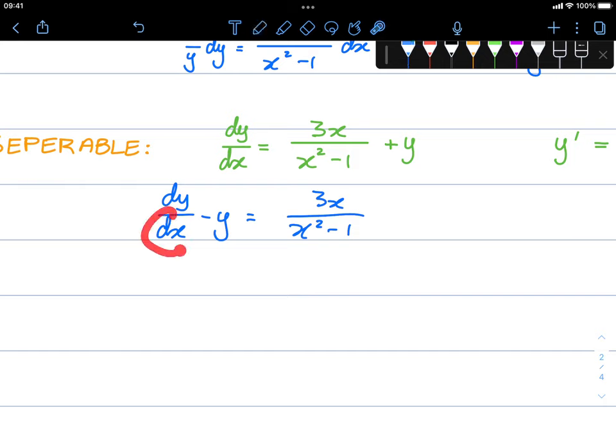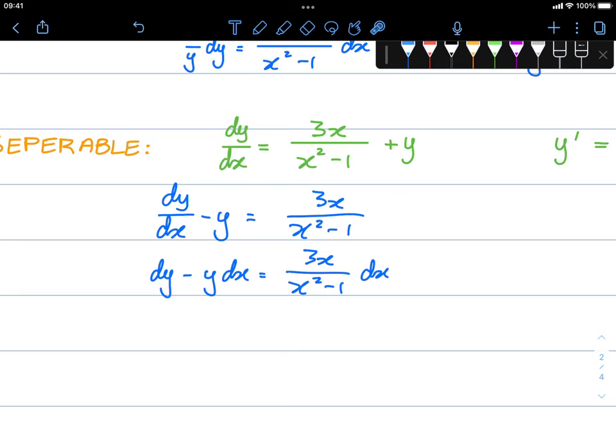But now when I multiply by dx, remember we multiply every term in the expression. So this will give us dy minus y dx equals 3x on x squared minus 1 dx.